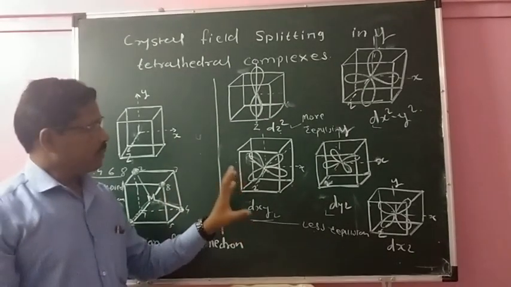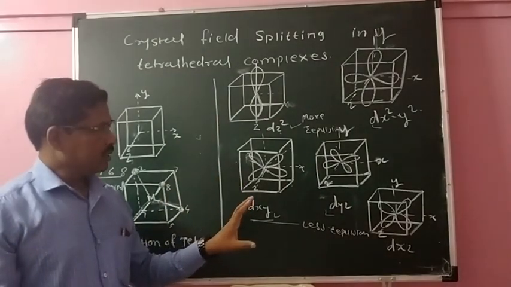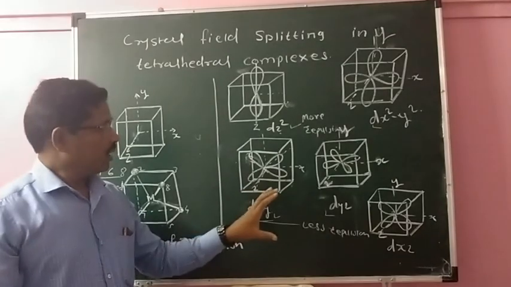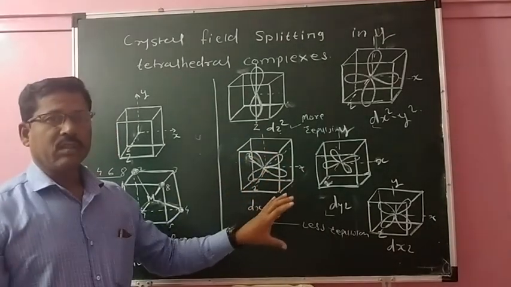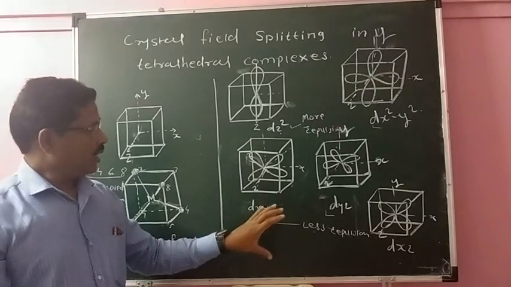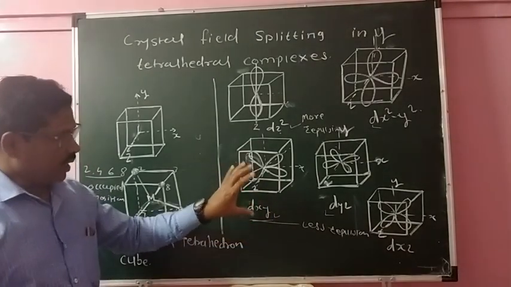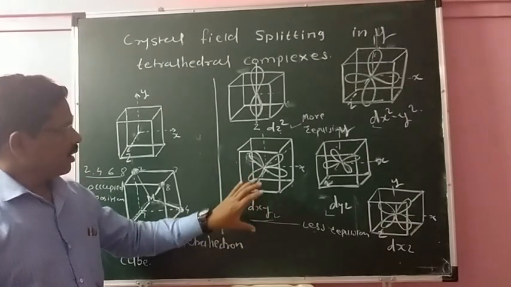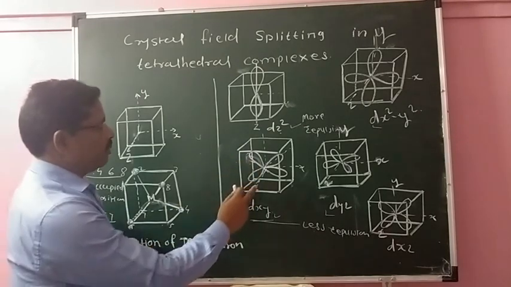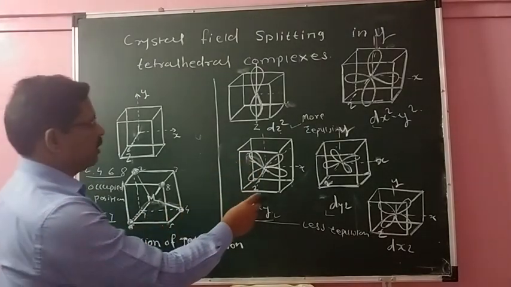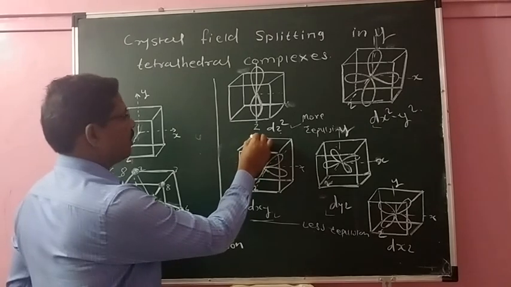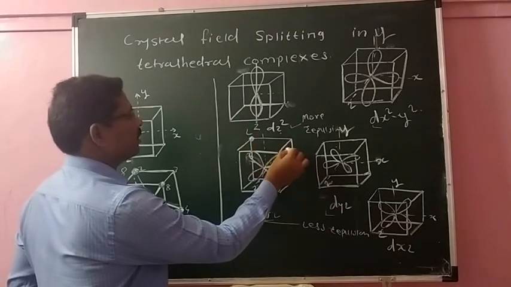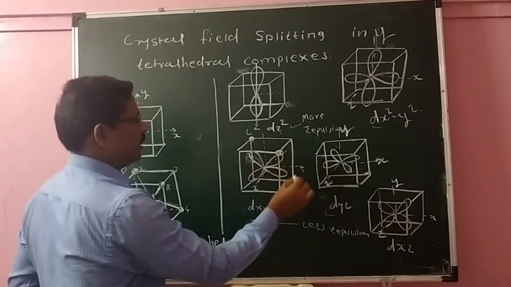Therefore, the splitting of d orbitals depends upon the arrangement of ligands along the axes. Here in tetrahedral complexes, these are the arrangement of ligands.